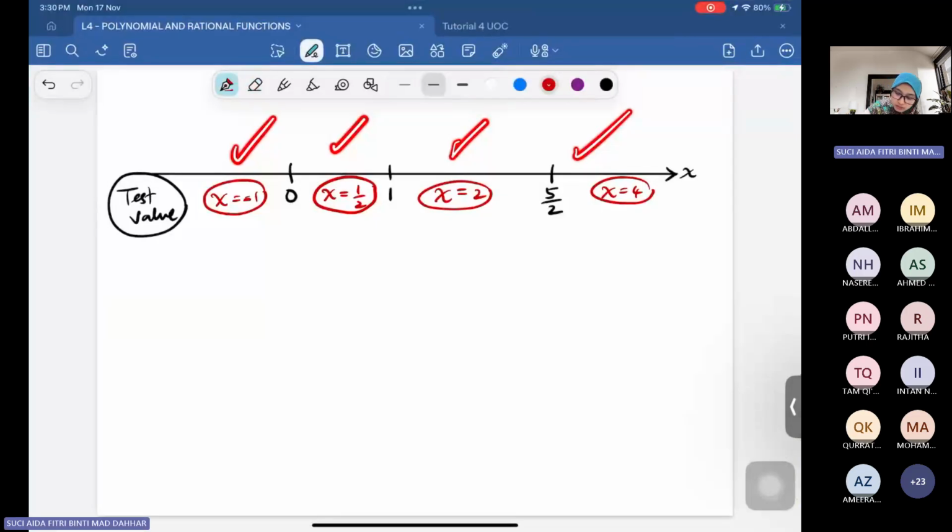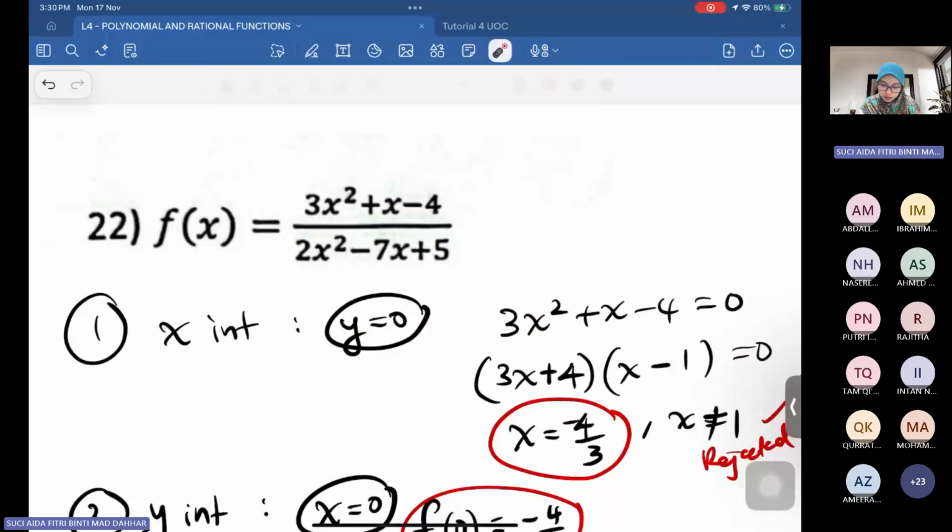Okay, let's now get the f(x) value. What is the value of f(negative 1)? Okay, let me key in the function in my calculator first. Key in this, I would get 3x squared plus x minus 4 divided by 2x squared minus 7x plus 5.